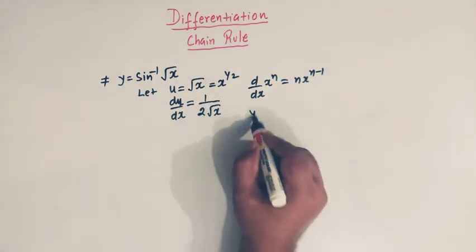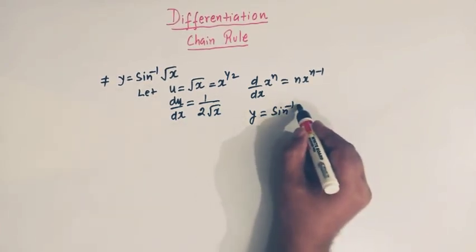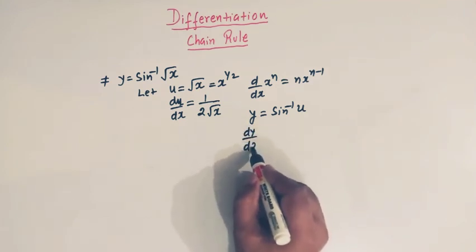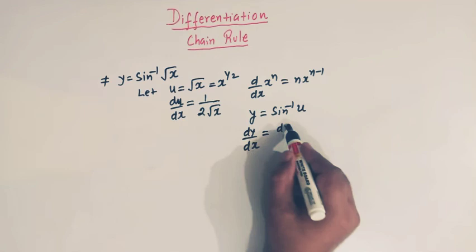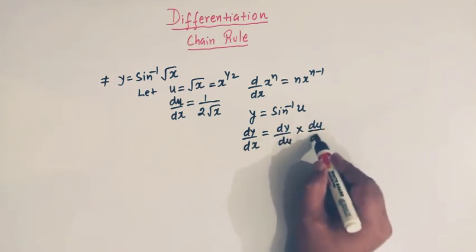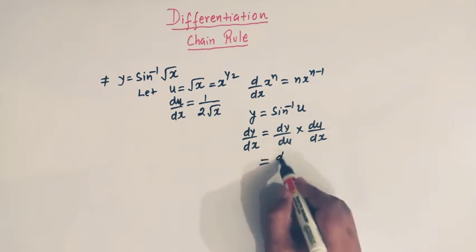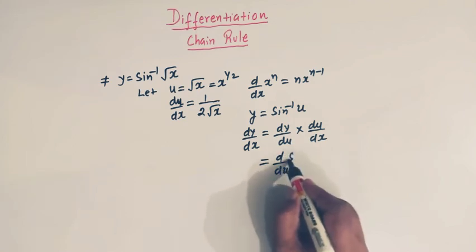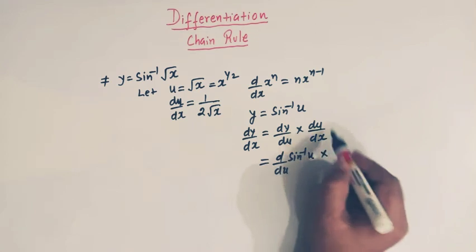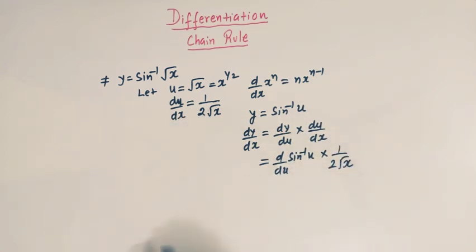Now y becomes sine inverse of u, and therefore dy over dx is equal to dy over du times du over dx, and dy over du is the derivative of sine inverse u, and for du over dx we can write 1 over 2 root x.